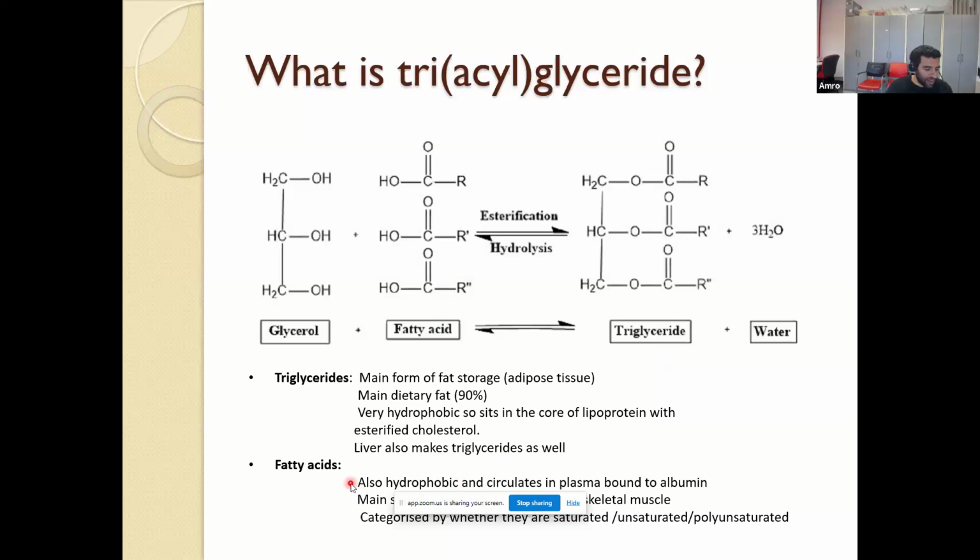Free fatty acids are also hydrophobic, and they're transported in the blood bound to albumin to tissues where they're metabolized in the mitochondria of cells through beta oxidation to generate energy. Beta oxidation produces ATP, which is obviously your energy source.